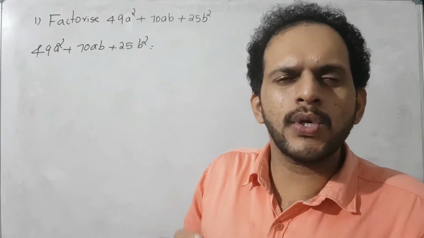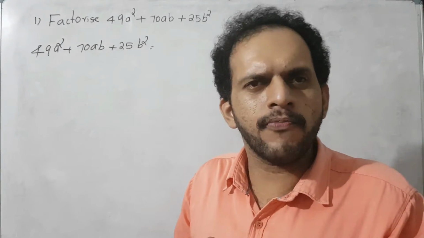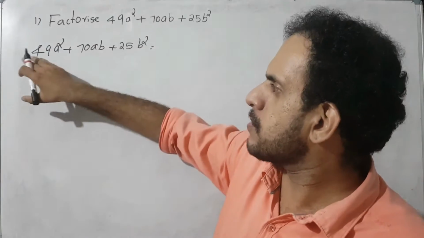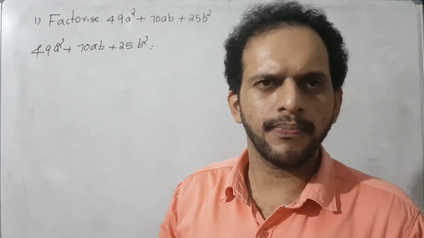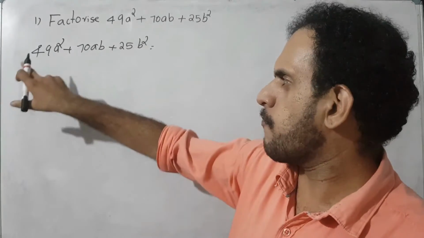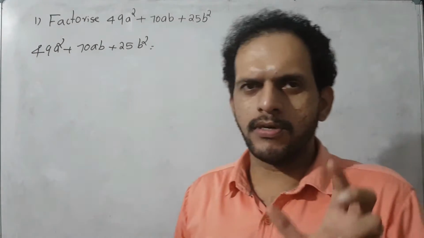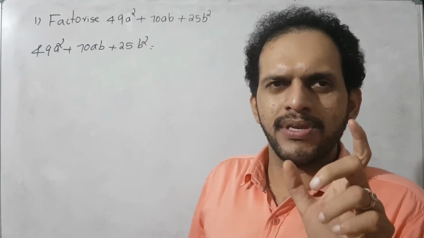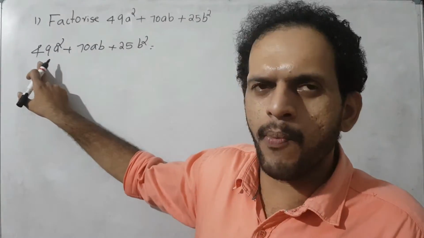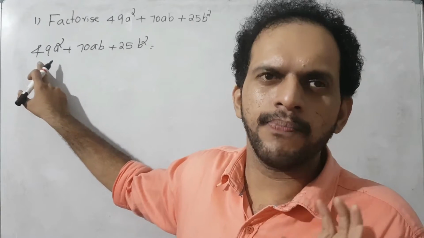Is the last term in the form of a square? If not, you check whether the last term can be completely converted to the form of a square, and likewise the first term. The variable in the first term is in square form, then you check whether the coefficient can also be converted to the form of a square.